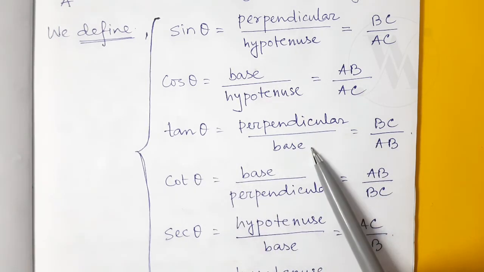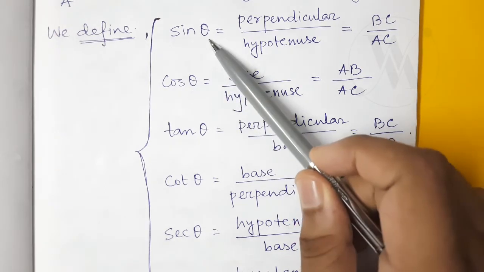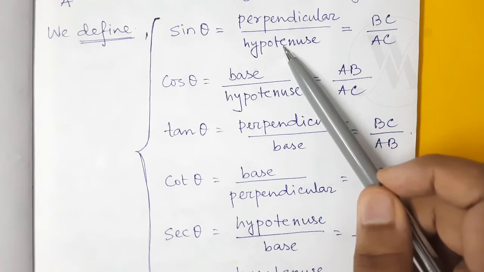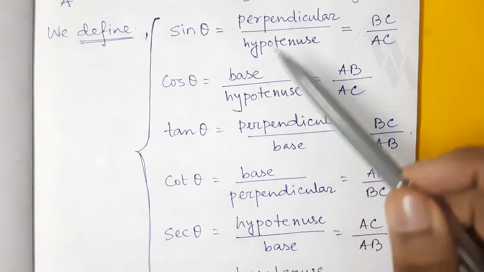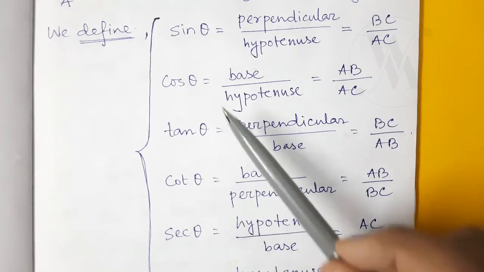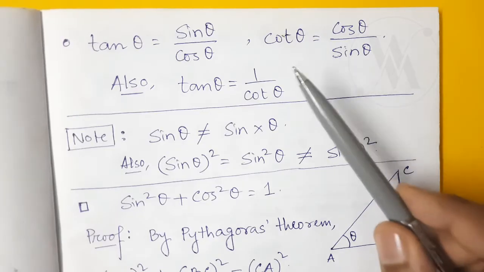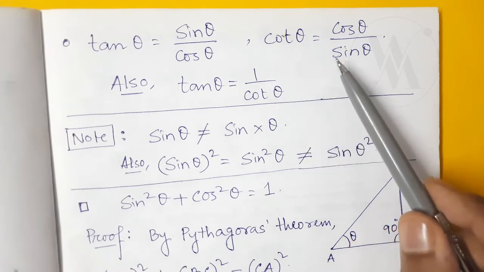Similarly, if you divide cos theta by sin theta, that will be base by hypotenuse divided by perpendicular by hypotenuse. The hypotenuse term will get cancelled. So it will be base by perpendicular, which is nothing but cot theta. So cot theta is cos theta by sin theta. Here you can see the formulas. These formulas you have to remember.